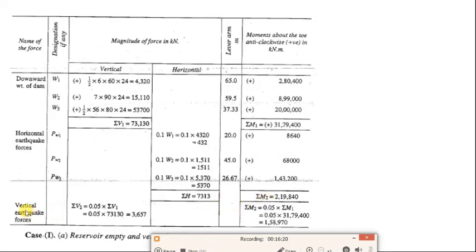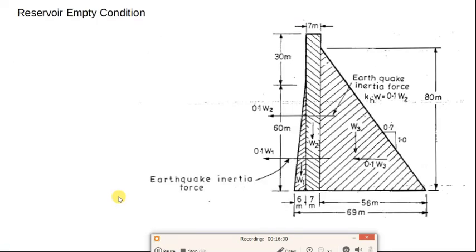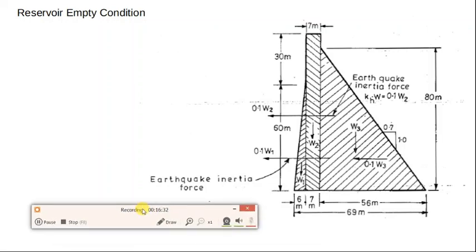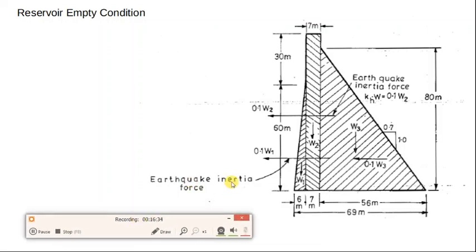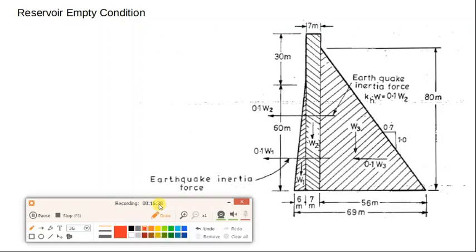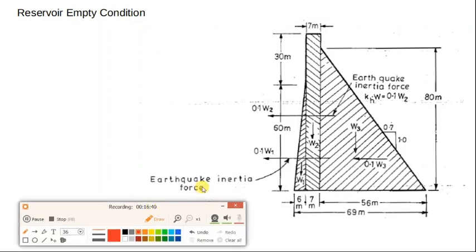Now, vertical earthquake forces. How do we calculate vertical earthquake forces? Again we will go back to our previous slide. In order to calculate the vertical earthquake forces, we have to consider the worst case scenario.